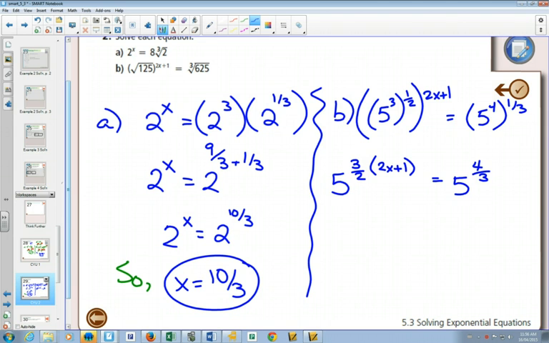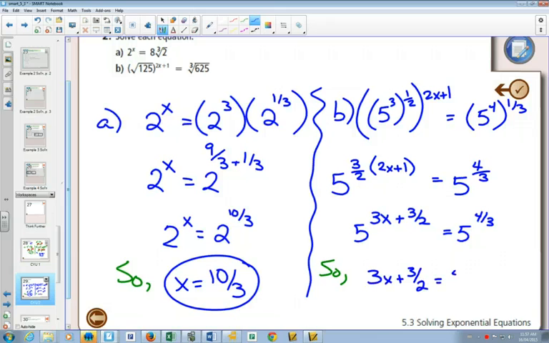If we distribute this through now, you would have 3x plus 3/2 and 4/3 on this side. But now both sides are powers of 5 with a base of 5. So you know that 3x plus 3/2 has to equal 4/3.